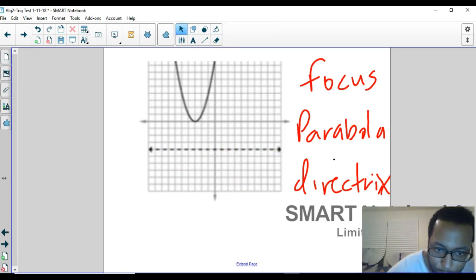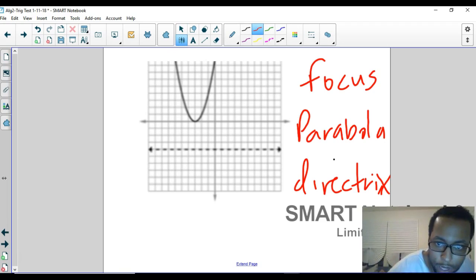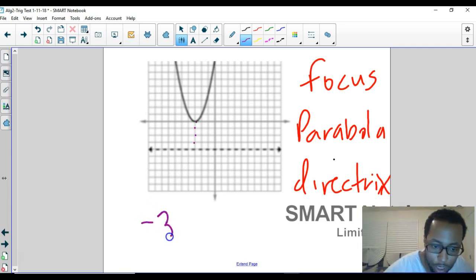If I go from the directrix to that parabola, I count up 1, 2, 3, 4. So from our directrix to our parabola, we went up 4 times, and our parabola is going to be -3, 0.